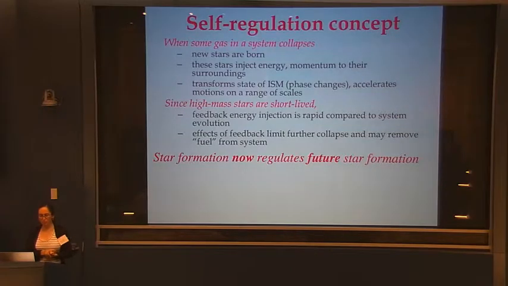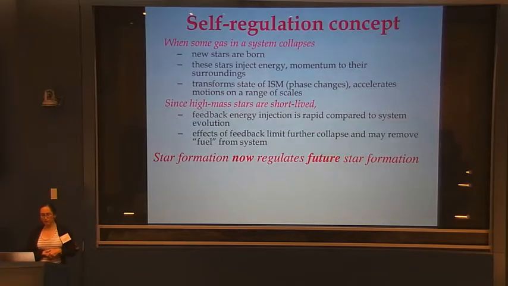The other thing to keep in mind about this is that if you think about the timescales, high-mass stars are generally short-lived. The highest mass stars live for only about 3 million years, and essentially all of the massive stars that have important feedback only live some tens of millions of years, unlike our own sun, which will live for many gigayears.